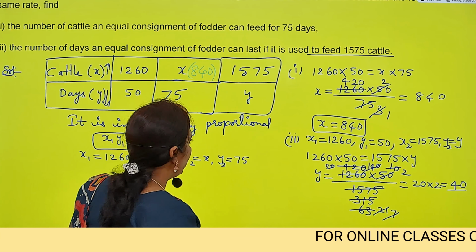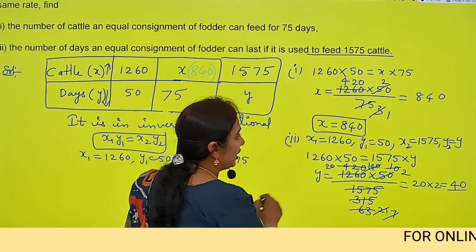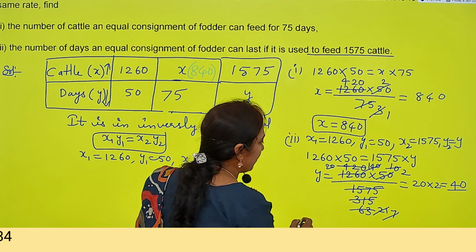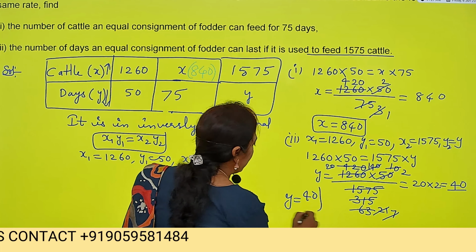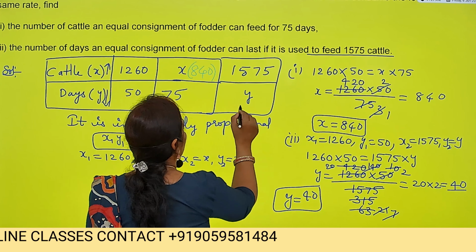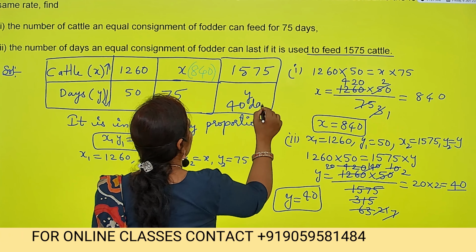So how many days does it take to feed the 1575 cattle? y equals 40 days.